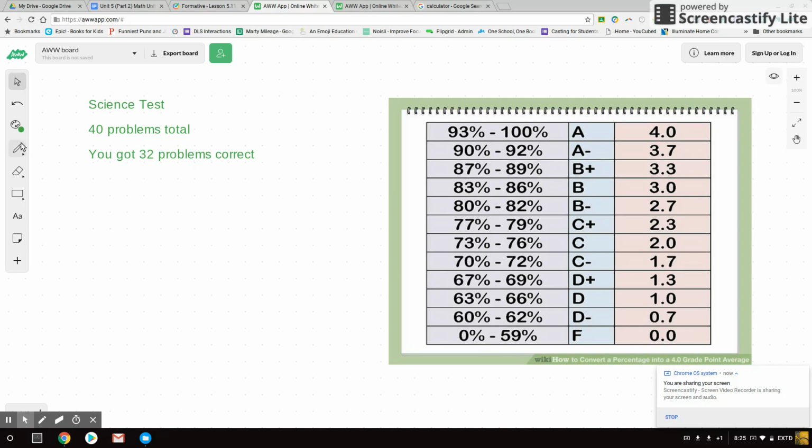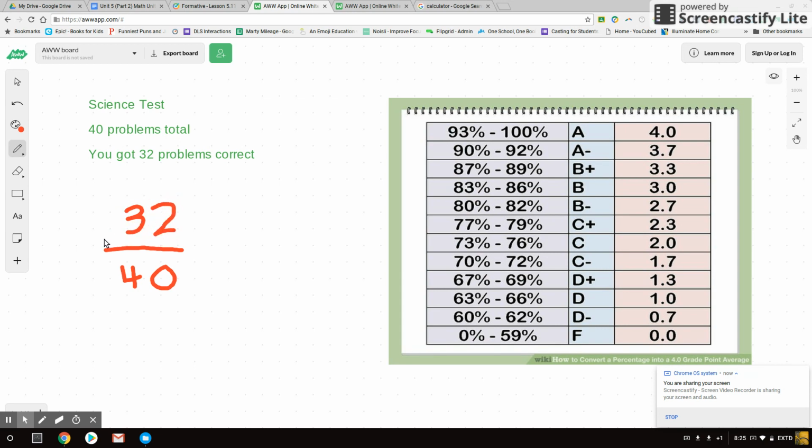When we deal with a fraction, we always know that the bottom number is your total parts. Well, we had 40 possible points, so 40 is going to go here on the bottom. Now, we got 32 problems correct, so we put 32 as the numerator.